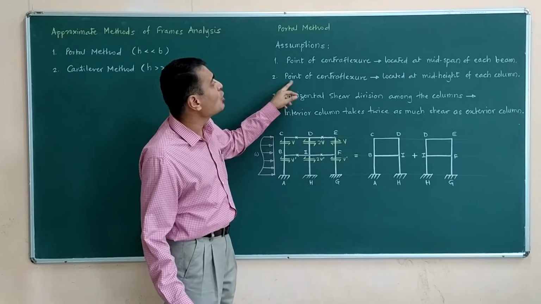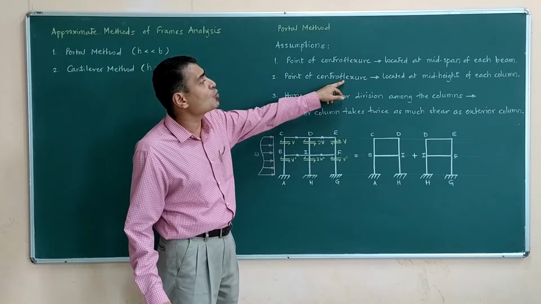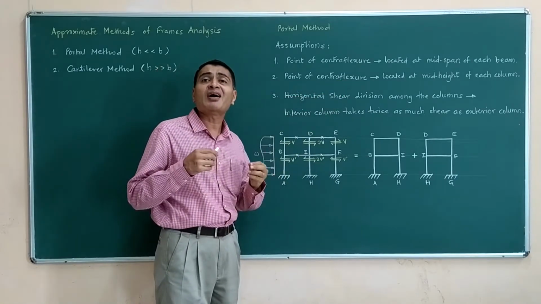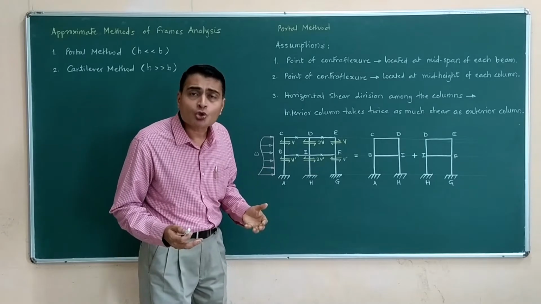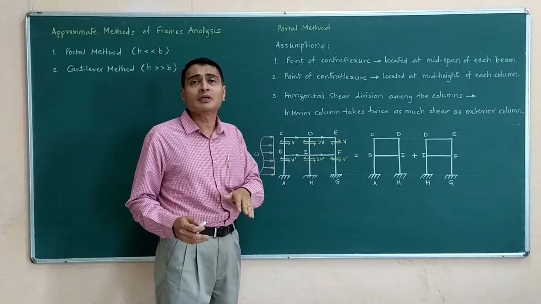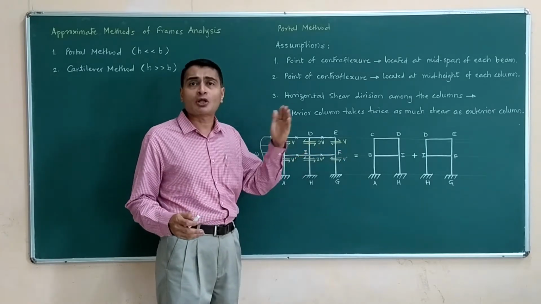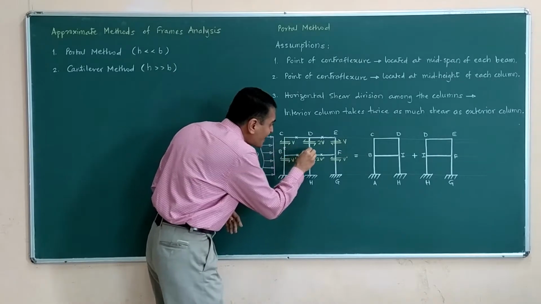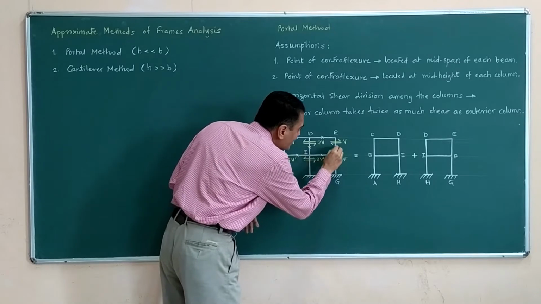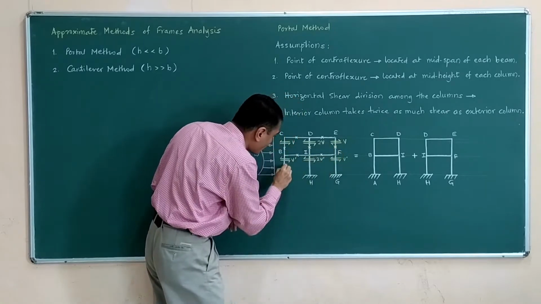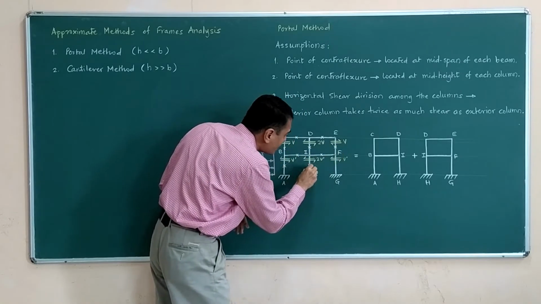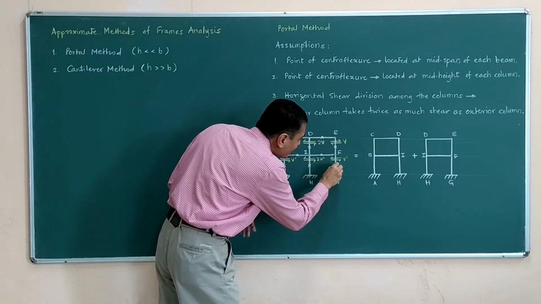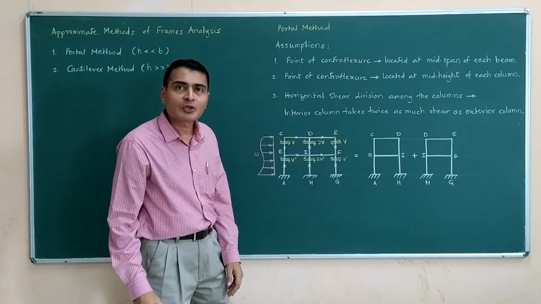Second assumption, point of contraflexure is located at mid height of each column. Quite a similar assumption. Earlier it was for beam, now it is for column. So it is believed that exactly halfway through, that is h by 2 for each column in each story, there exists point of contraflexure.